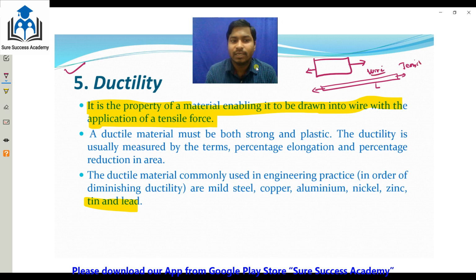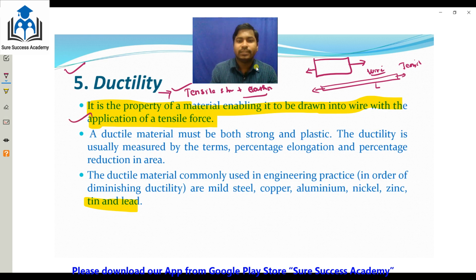You remember that ductility is the combined property of tensile strength and plasticity. These are two properties. Ductility is the property of the material to be drawn into wire by the application of tensile forces.